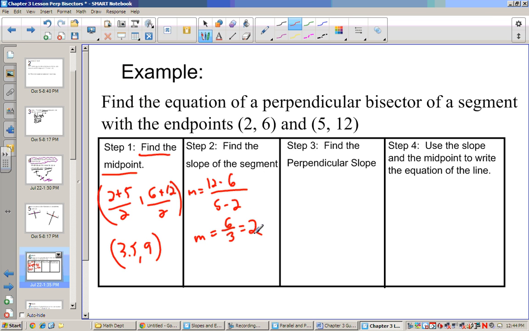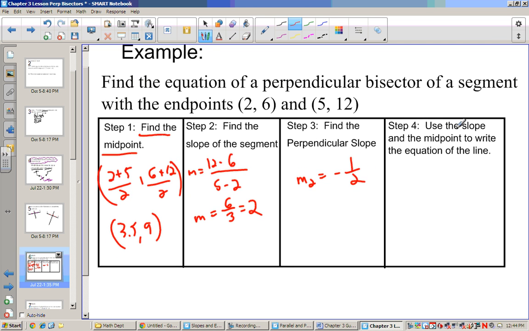And now to find the slope perpendicular to that, our second slope is going to be the negative reciprocal. So that would be -1/2. So now we go in and use the slope and midpoint to write the equation of the line. We have the slope, we have that midpoint, so it's y equals -1/2 x, using the point (3.5, 9).